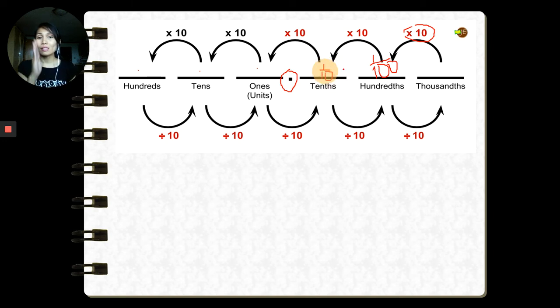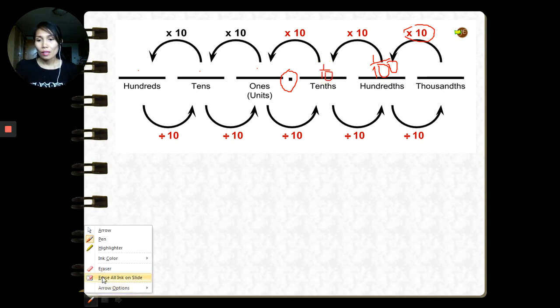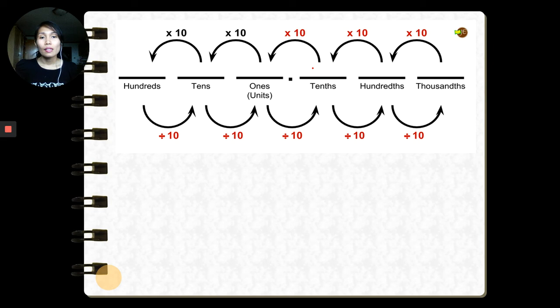You see, that means tenths is greater than hundredths and thousandths. Hundredths is greater than thousandths, but lesser than tenths. Do you see it? That's what I want you to understand here. Tenths is greater than hundredths, and hundredths is greater than thousandths.